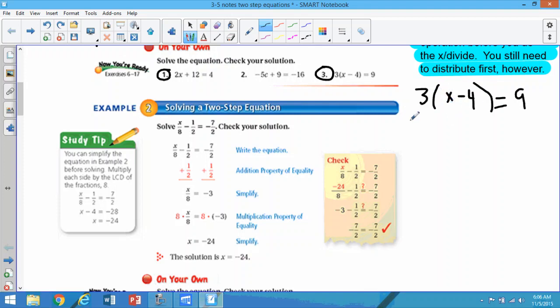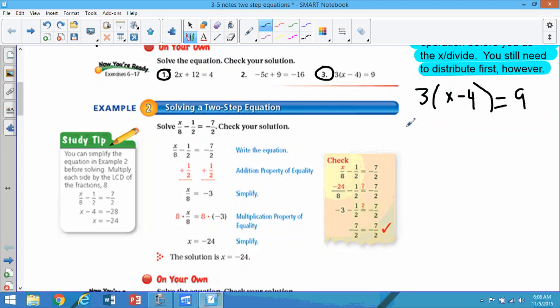This is when I introduced the distributive property, and I had said that it's not important to distribute when you have numbers inside the parenthesis, but when you have a variable inside that parenthesis, you're going to need to distribute to solve your equation. This is the perfect example of that.